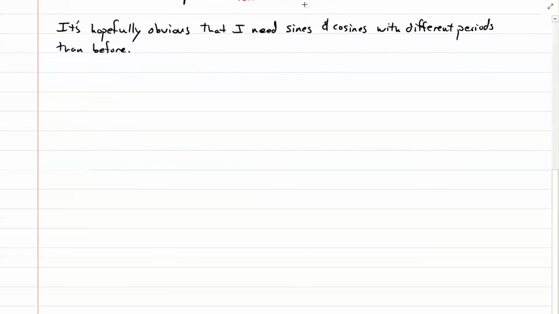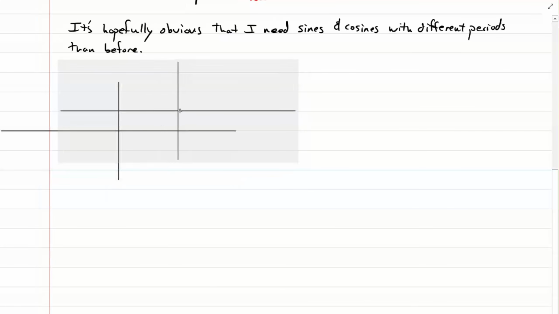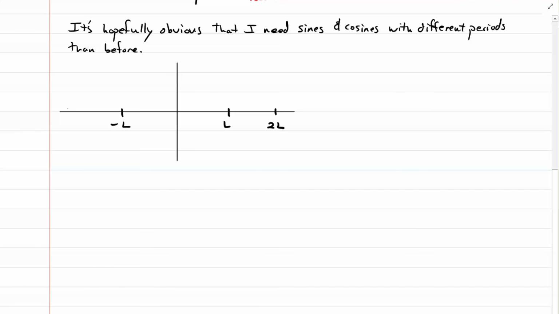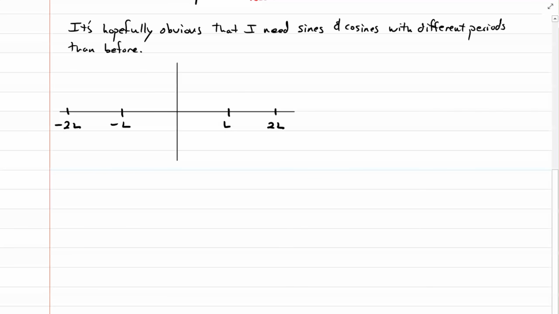Okay, so let's think about what kind of functions I might need to use. So the function is periodic and the period is 2L. So let me draw here. This will be L and this will be 2L. And this will be minus L and this will be minus 2L. So I need to draw a function which is periodic and has a period of 2L, and it needs to be made up of sines and cosines.